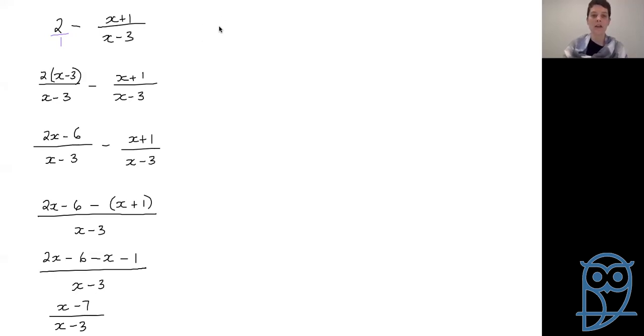And what you're seeing is that we've got this pattern of steps that's repeating over and over and over again. First one is determine your common denominator. Second one, create your equivalent fractions.